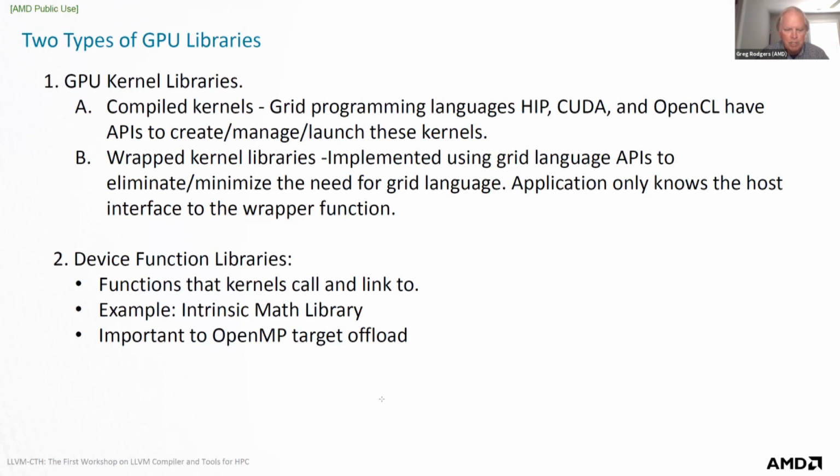A good example is an intrinsic math library, something you always need, with things like square root. This is really important to OpenMP target offload, and I'll explain that on the next slide. But this talk is really just about device function libraries, not about kernel libraries.